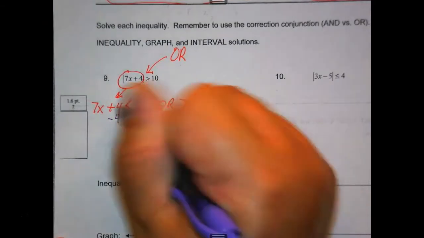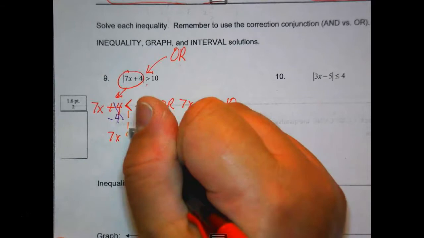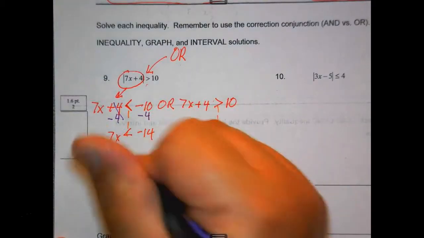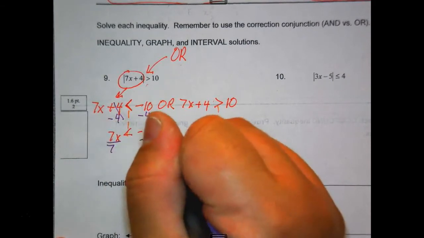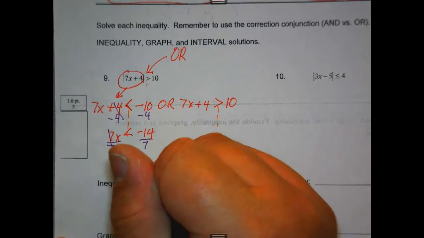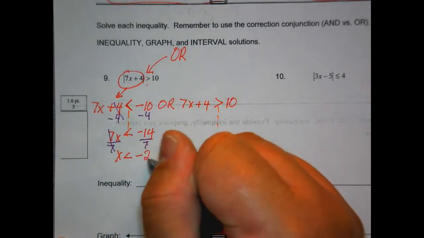Subtract 4, I get 7x less than negative 14, divide by 7, negative 2. Keep the sign the same way. We're dividing by a positive number, negative 2.